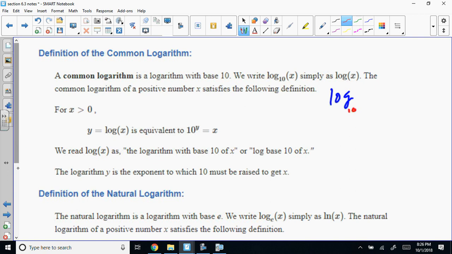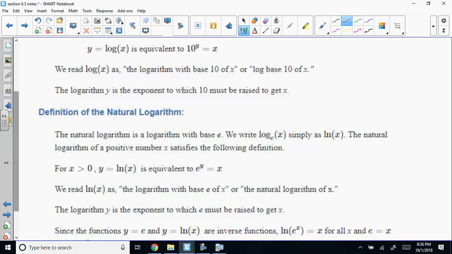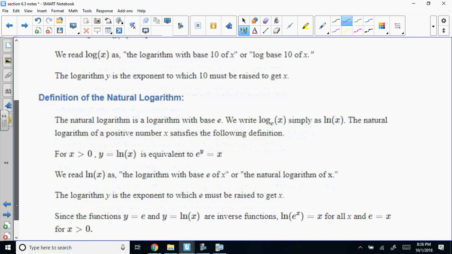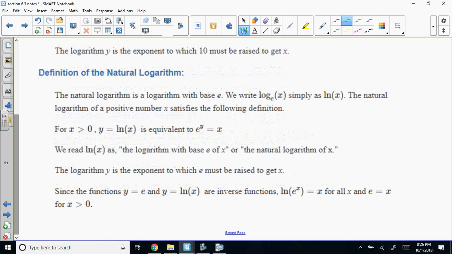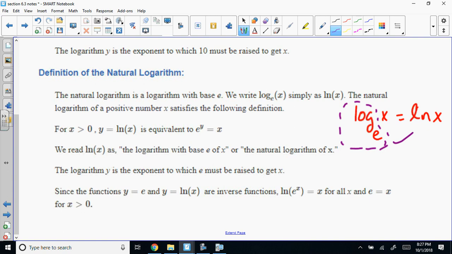Now, what the heck is a natural log? A lot of people have a lot of hard problems with this. A natural log is nothing more than a log to a base e. Log base e is the same as saying natural log, right?